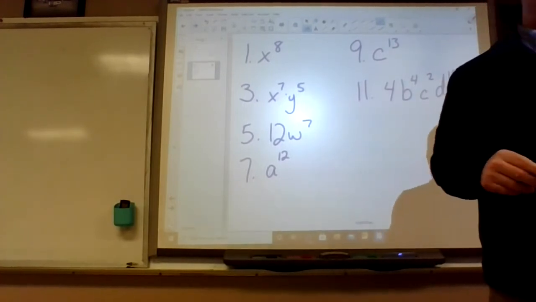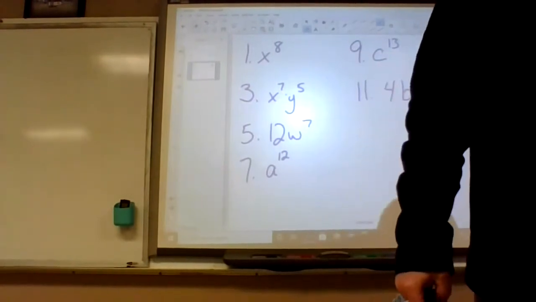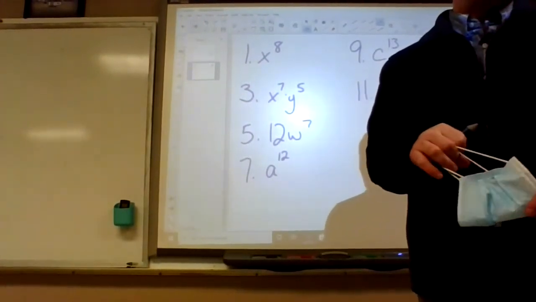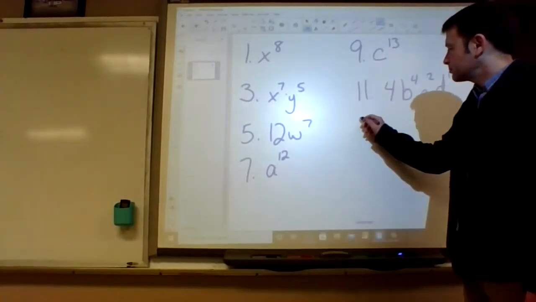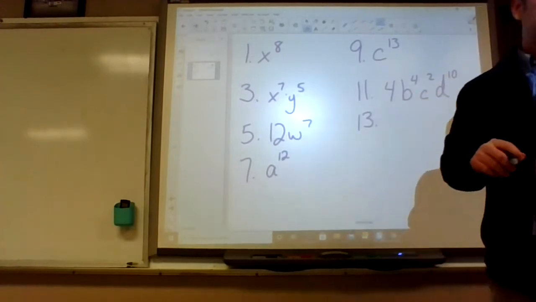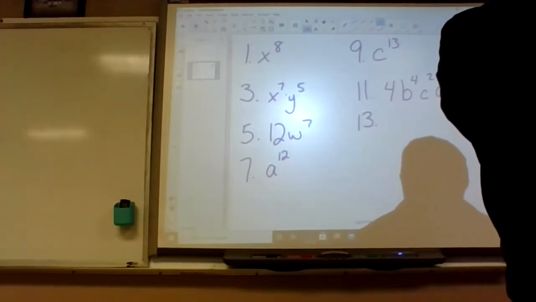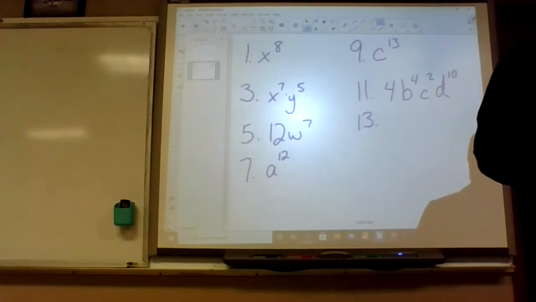Okay, number 13? Yeah, 13. All right, so it's kind of like where you have 2 terms being multiplied together. So, Leo, what do you think? Is the 2 on the front being squared? No. The 2 is not being squared, only the a is.